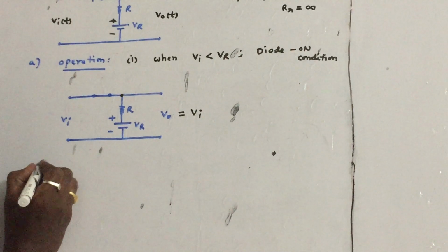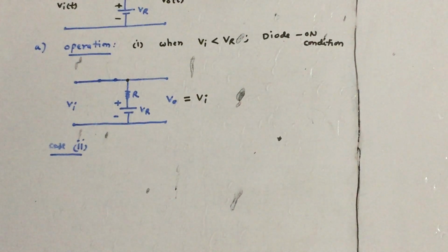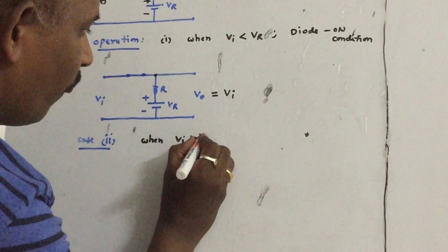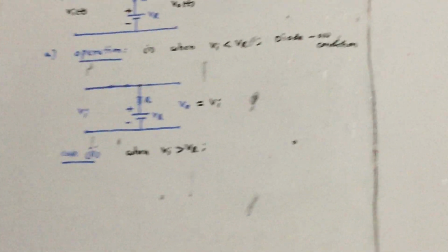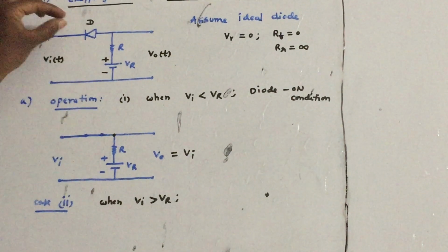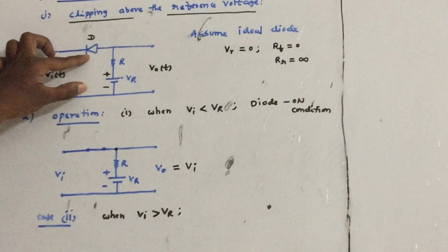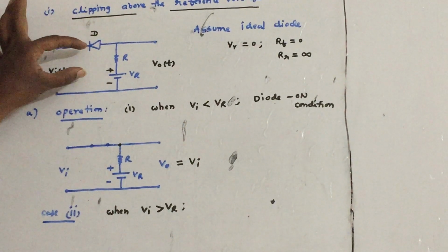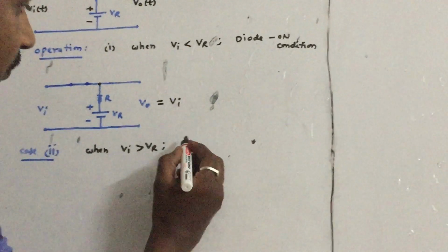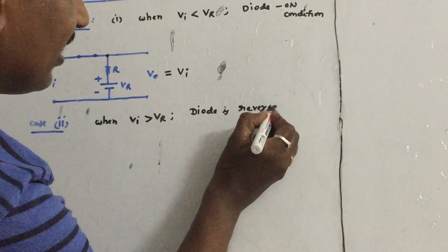Case 2: when Vi is greater than VR. You can clearly see from the circuit that when the input voltage is greater than the reference voltage, the diode is reverse biased, so it acts as an open circuit.